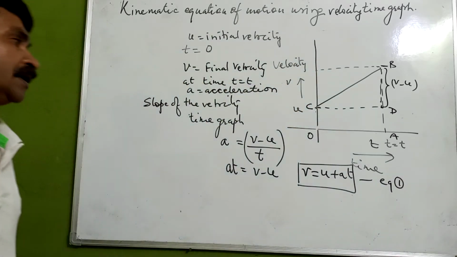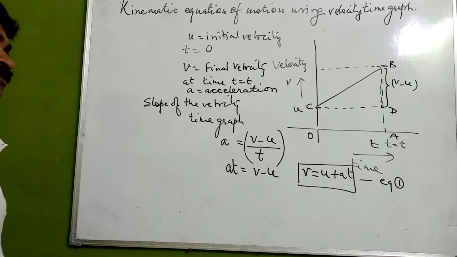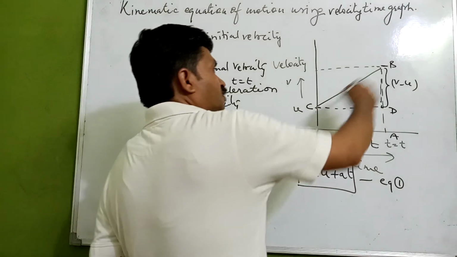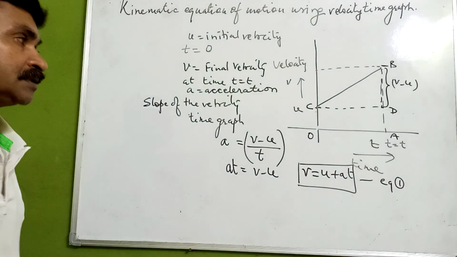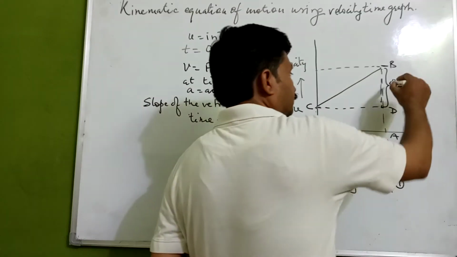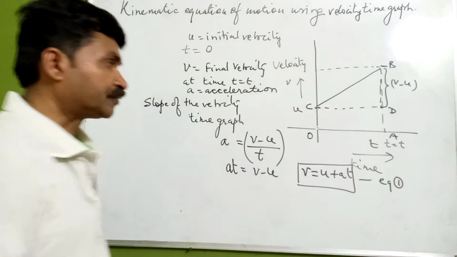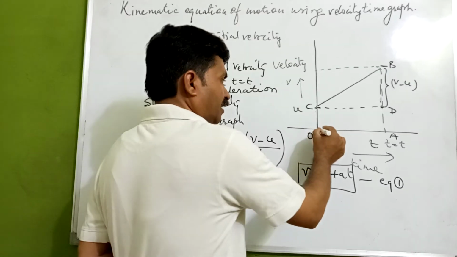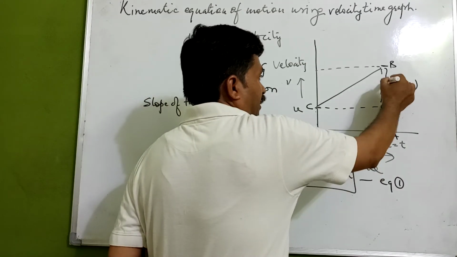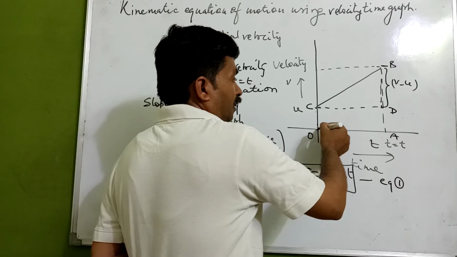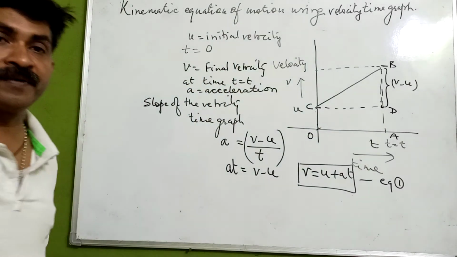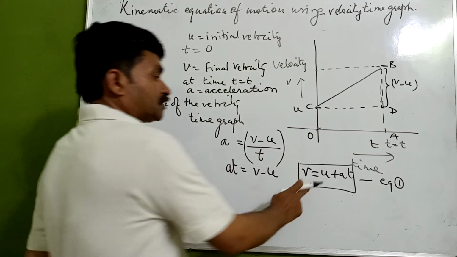This slope may be taken from the origin also; if it is a straight line, we can calculate the slope and that slope is going to give us this.